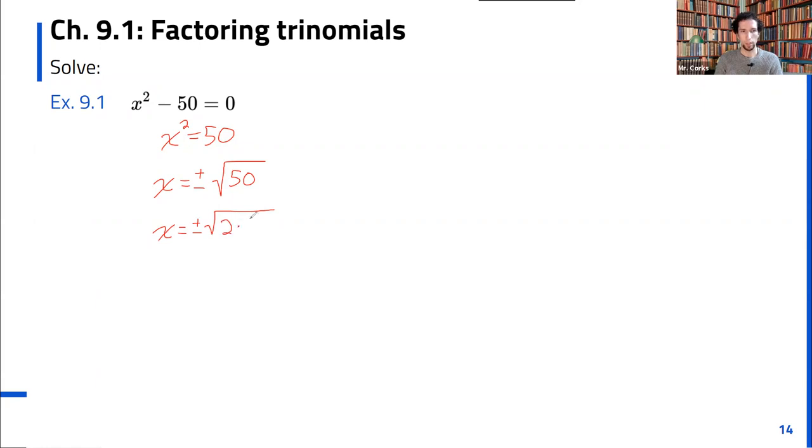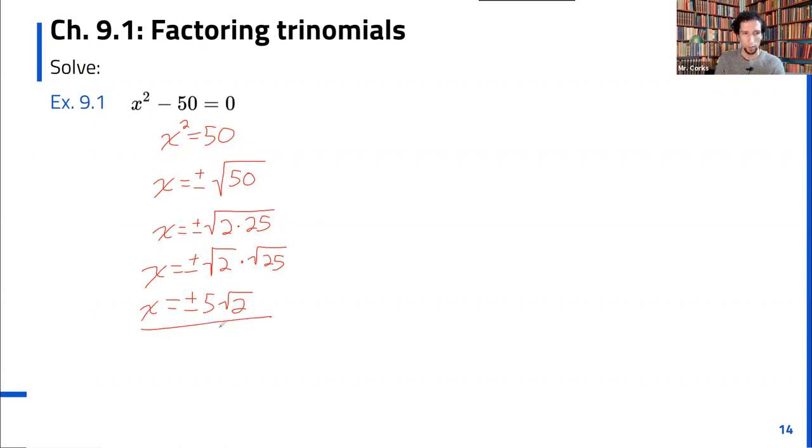I'll just write an extra step here, to remind us of our exponent rules. So 2 times 25, and if we do that, we can split this up. So square root 2 times square root 25. So plus minus 5 root 2.